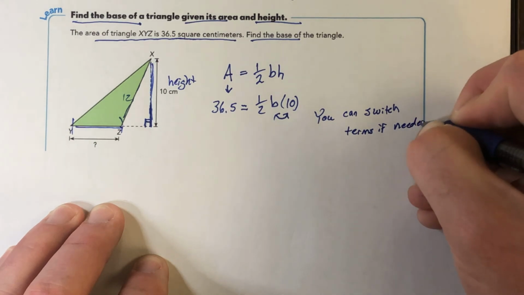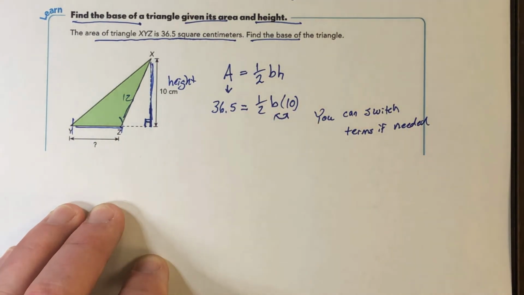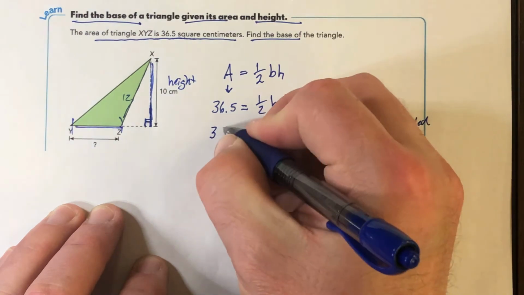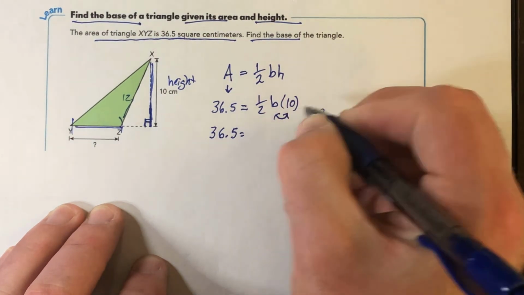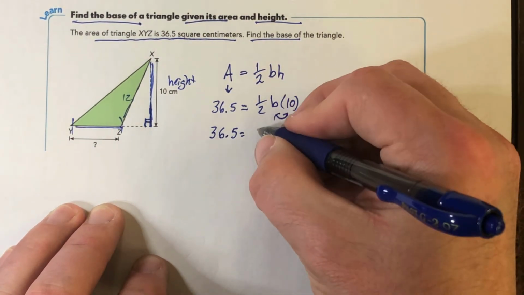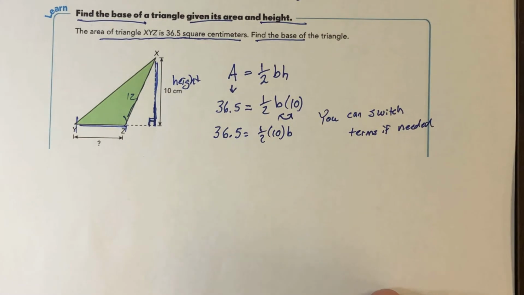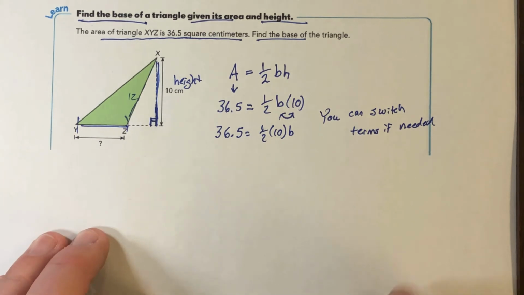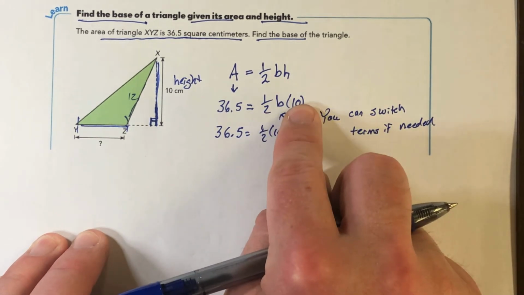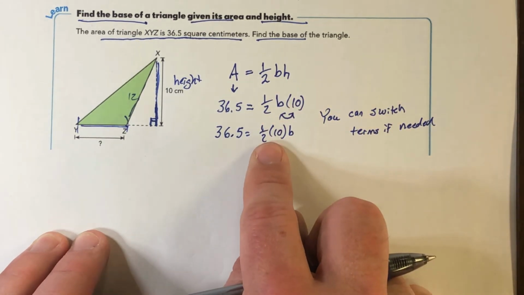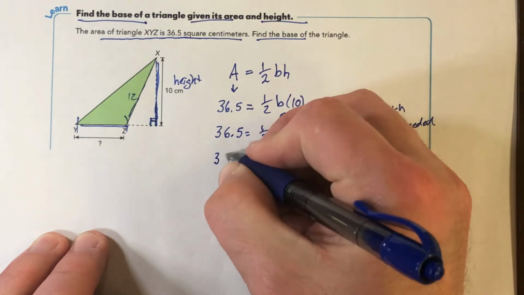Just on this. Why? Because multiplication can be done in whatever order. So I'm going to do that. 36.5 equals, instead of 1/2 BH, I'm going to write 1/2 times 10 times B. Again, not necessary. I can take 1/2 times 10 just as easily as doing it right here, which is what I'm going to do next.